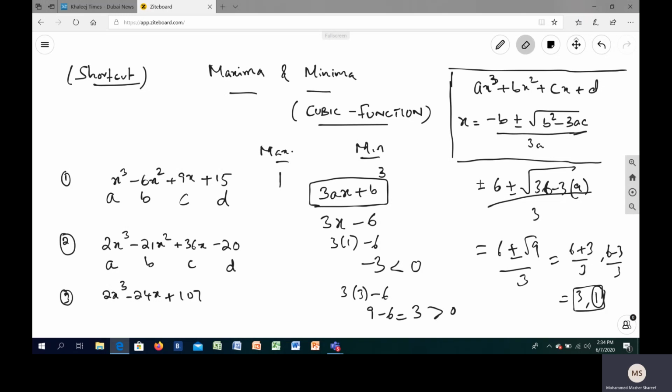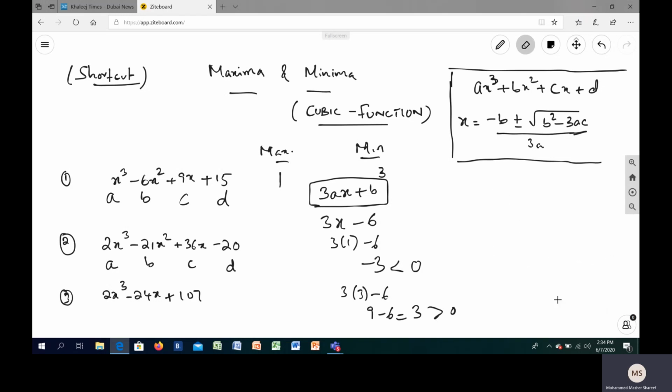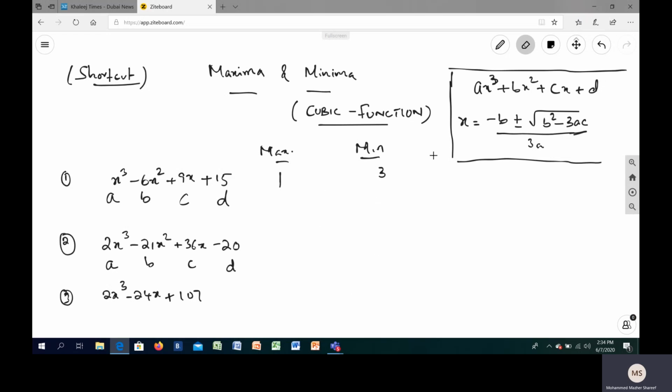Let us look at another set of questions to further corroborate our shortcut. Let us take another example. A, B, C, D I have written already. A is 2, B is negative 21, C is 36.